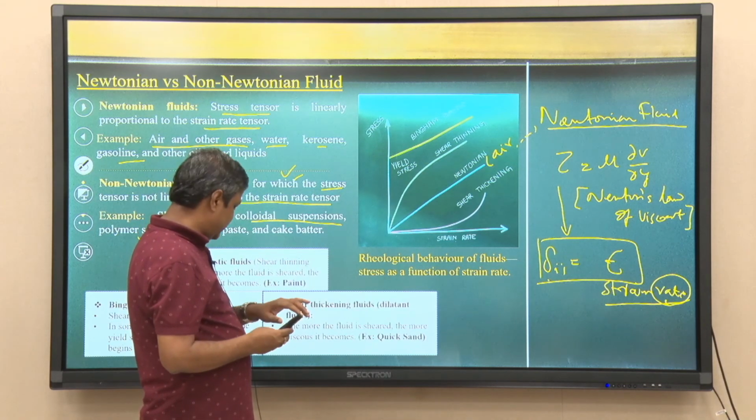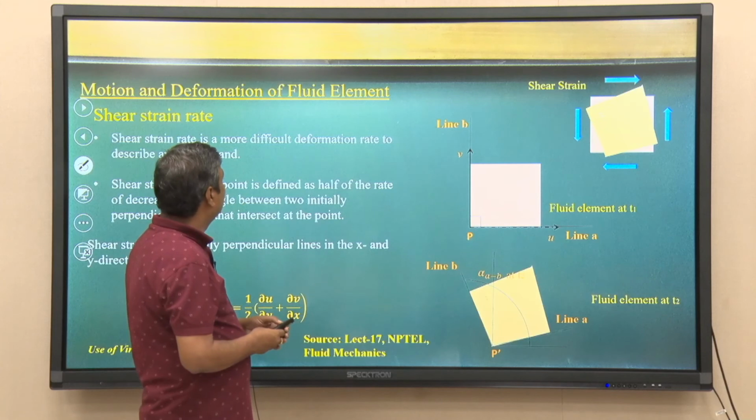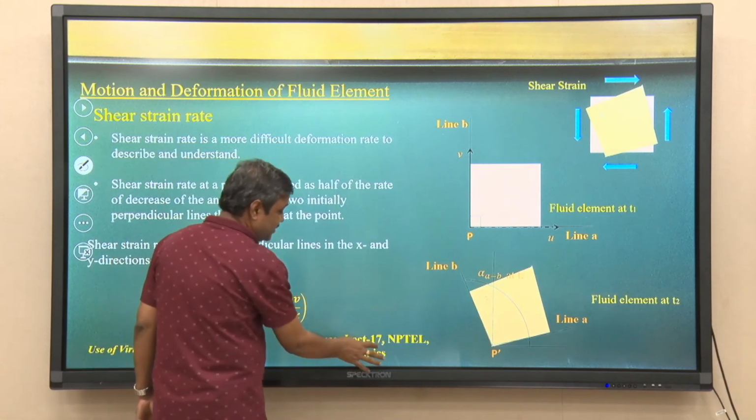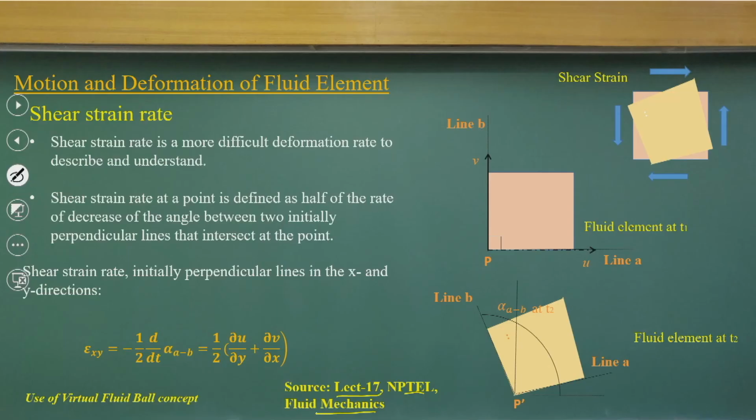Before going to the next level, I just want to show you what we discussed in chapter 17 on fluid kinematics. Many times the fluids will be subjected to shear stress and will go through rotations. That is a shear strain rate.